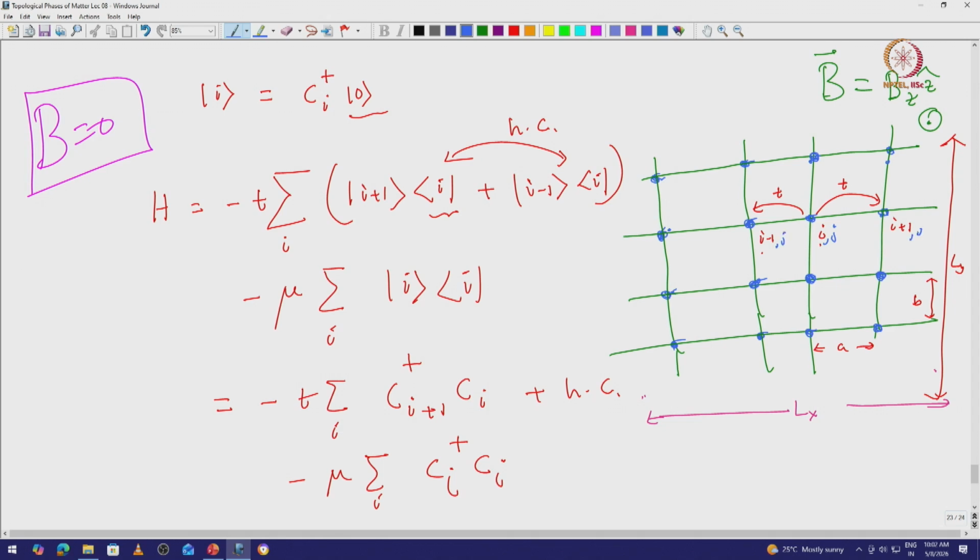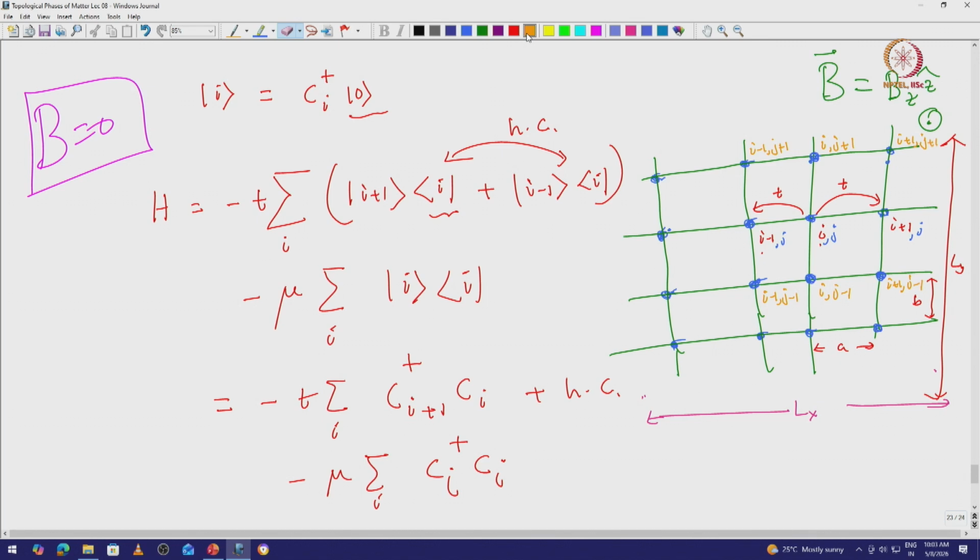This side will be i, j plus 1, i minus 1, j, i plus 1, j, i, j minus 1, and so on.